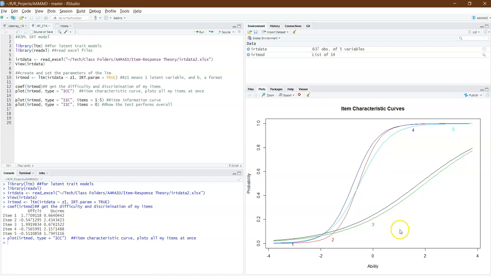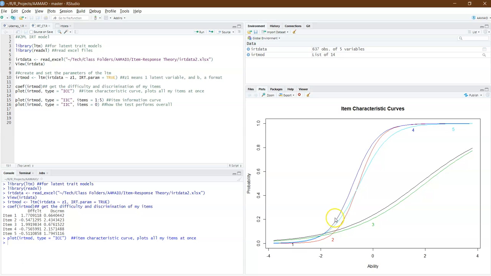This is something that I can take to present to my manager, to my supervisors, and show my team about what I found about this test. And my recommendations for this would be that items 1 and 3 just need to be discarded.